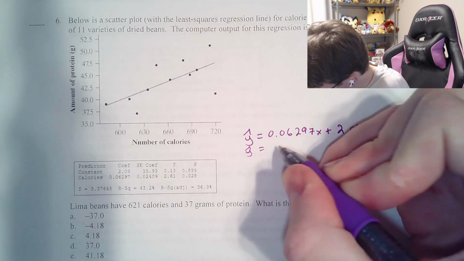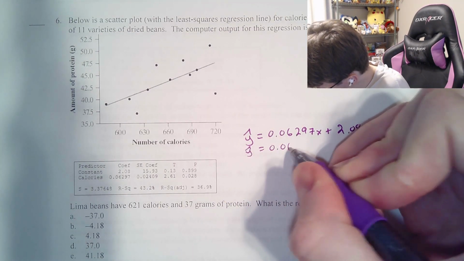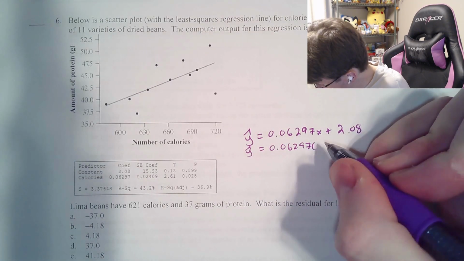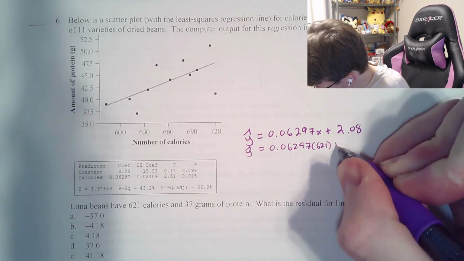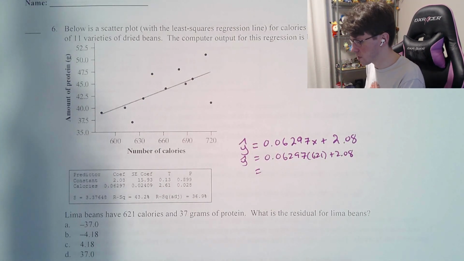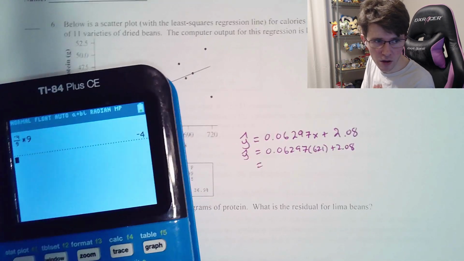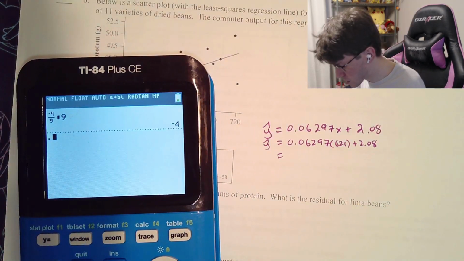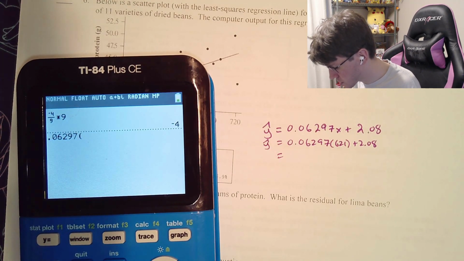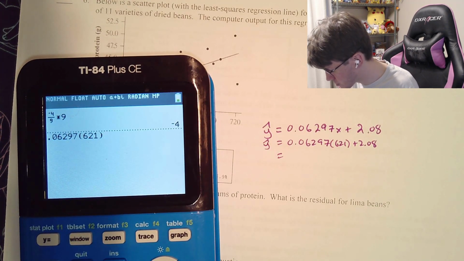So y hat is going to be equal to 0.06297 multiplied by 621 plus 2.08. Definitely going to need a calculator for that. I am good at math, but not that good at math. 0.06297 parentheses 621 end parentheses plus 2.08.